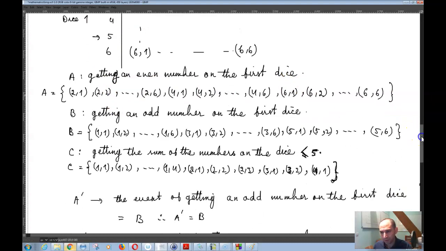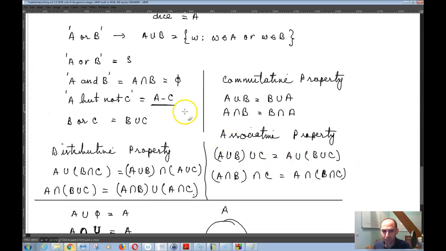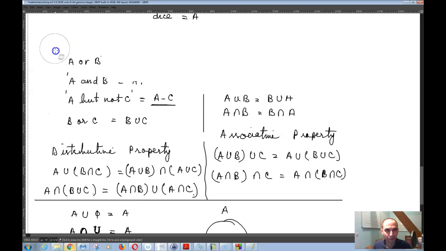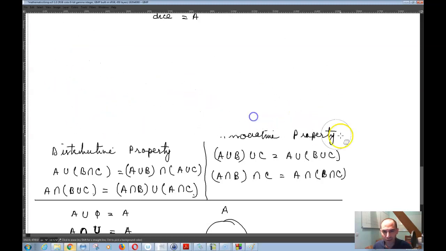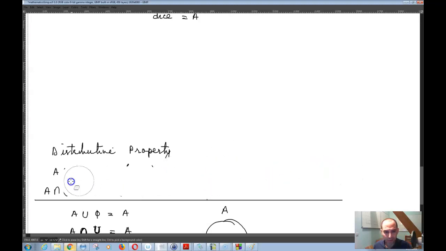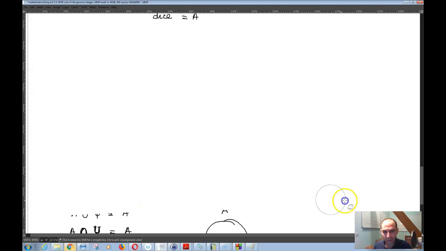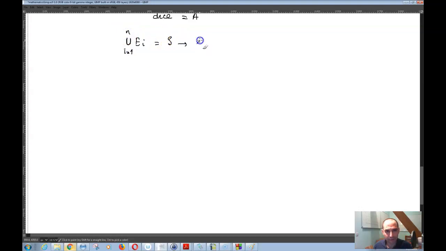we said that if a number of events are exhaustive, they account for all the possible outcomes of the situation or of the experiment, meaning that the union of E of i, as i goes from 1 to n, was equal to the set S, which is the sample space.